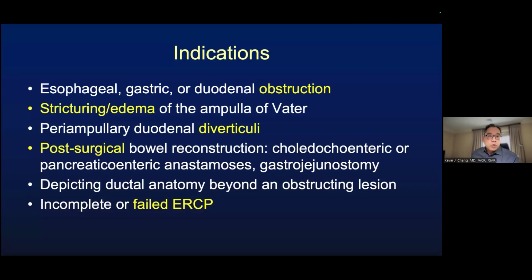Also, post-surgical anatomy can complicate or make some ERCPs more difficult, specifically bowel reconstructions, including choledochoenteric or pancreatico-enteric anastomoses, as well as gastrojejunostomies. And then depicting the ductal anatomy beyond or upstream from an obstructing lesion is also a great indication for MRCP. And clearly, it's a great test in patients that have had an incomplete or a failed ERCP.